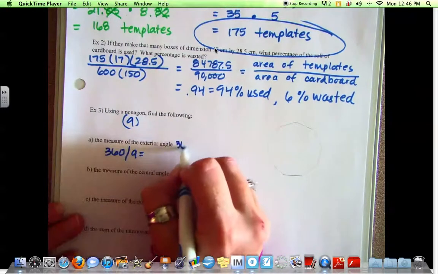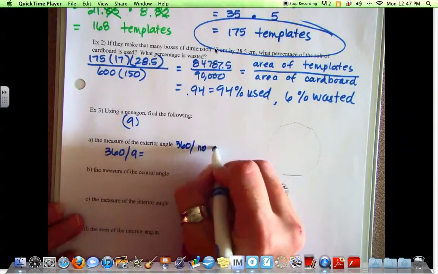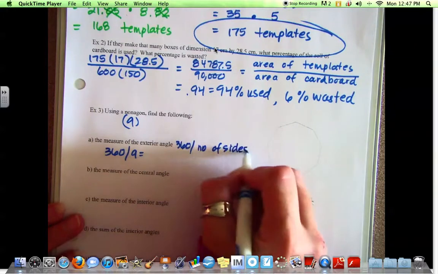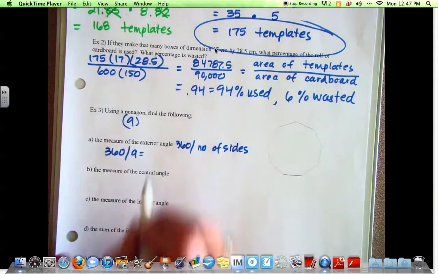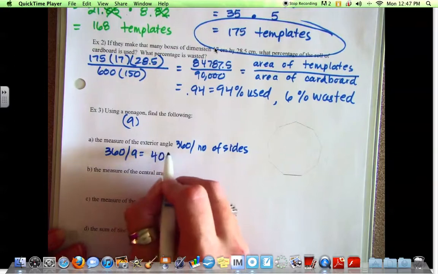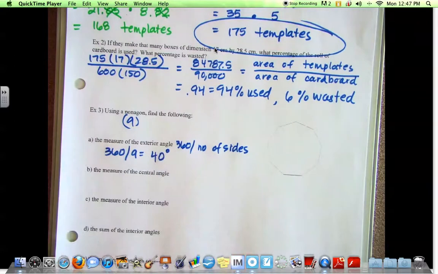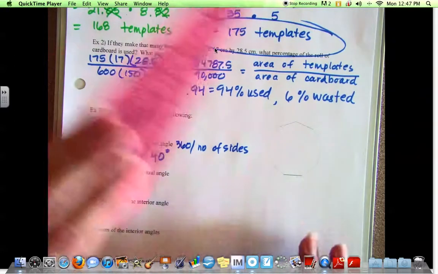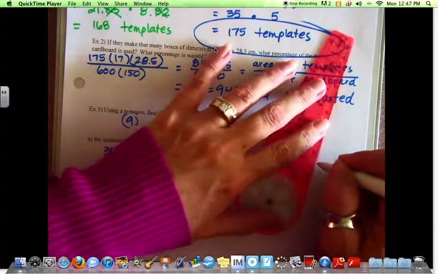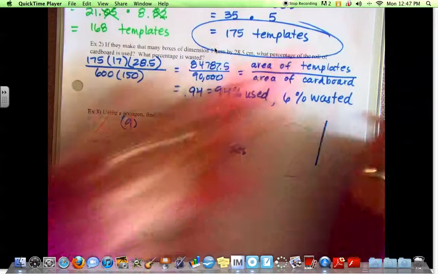So we take 360 and divide it by the number of sides. And what does that give us? 40 degrees. All right, so I'm going to extend one of these sides like we did on our activity the other day.